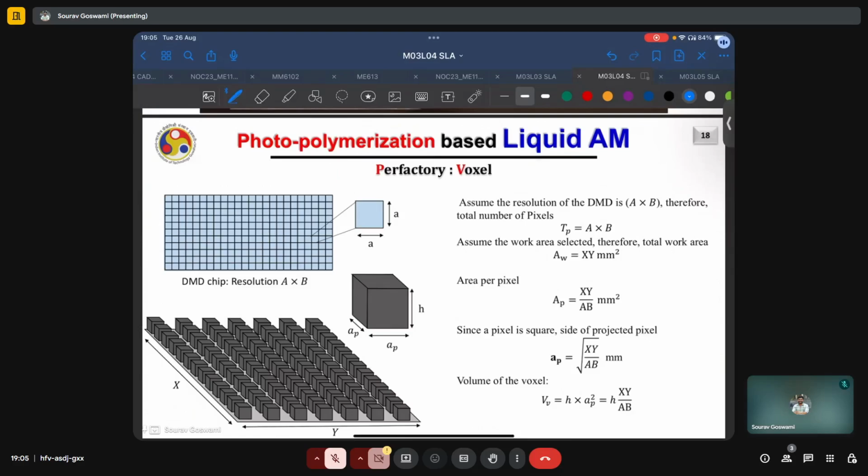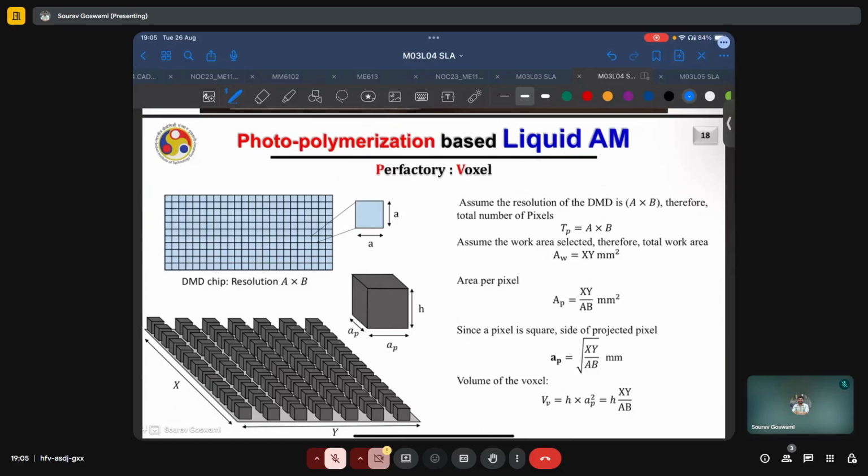If the work area selected is, say, some x times y millimeter square, the area which has to be assigned per pixel is actually xy by AB. Typically, you will be working with square pixels, or pixels whose aspect ratio is 1, to prevent any distortion effects. Thus, the square root of the area per pixel will give me the pixel dimension.